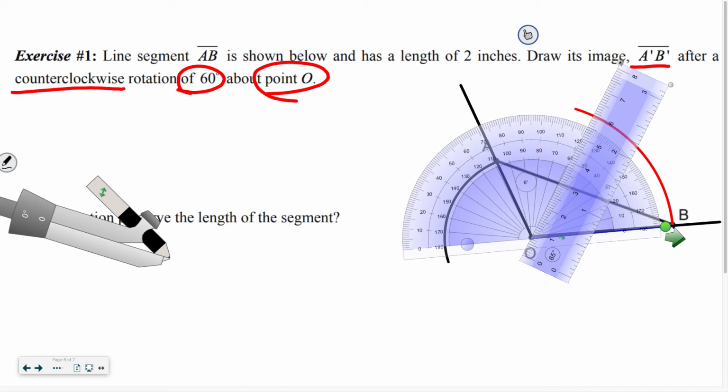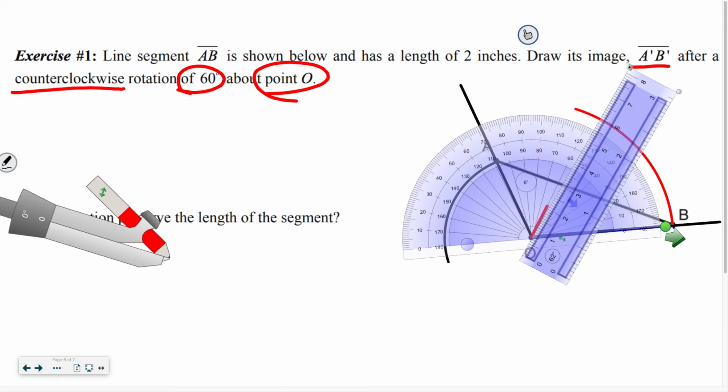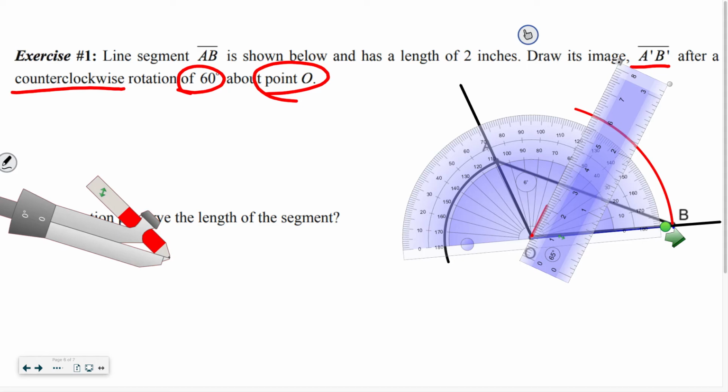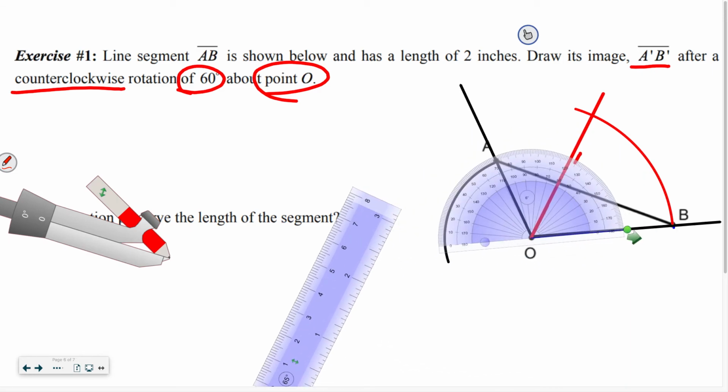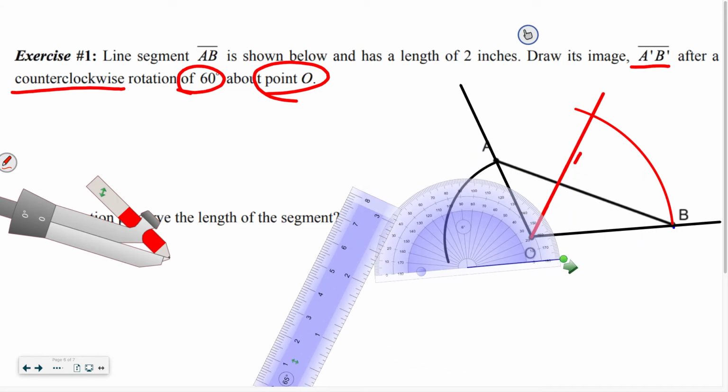So I'm going to take my pen and mark it. So guess what this new point is called?